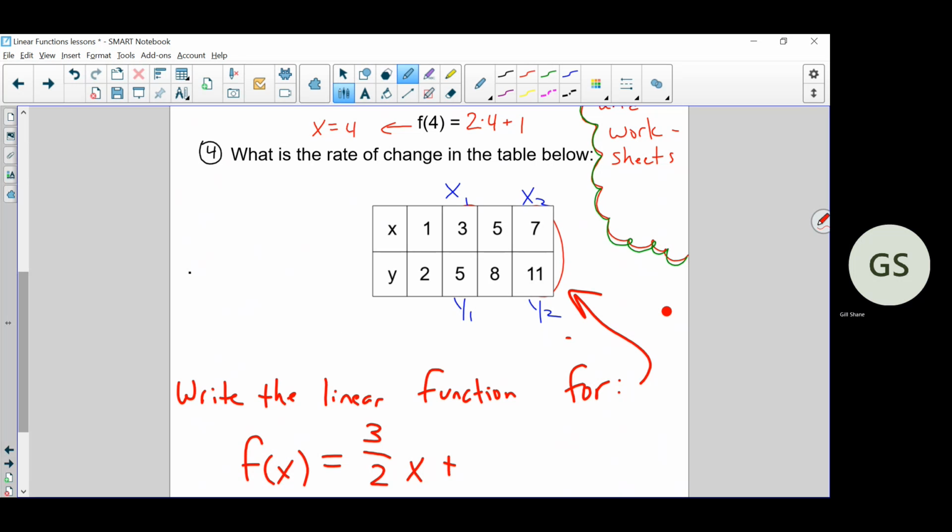So I need to know what is the y value when x is 0. But do you see an x value of 0 in that table? No, right? But it's based on a pattern. We know there's a pattern to these numbers. What's the pattern though? It's increasing by 3 each time. But what about the x's?